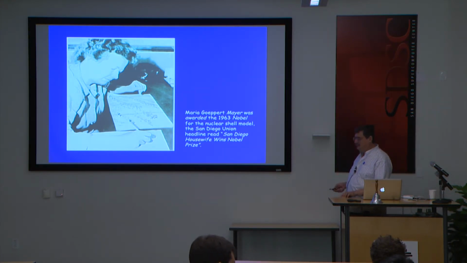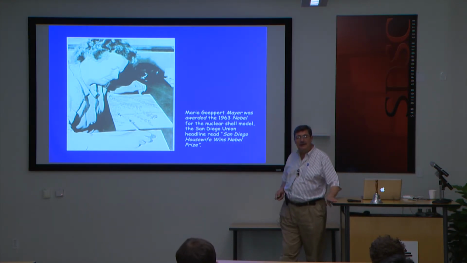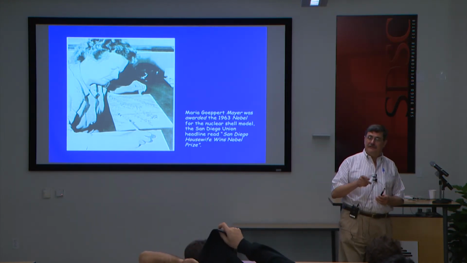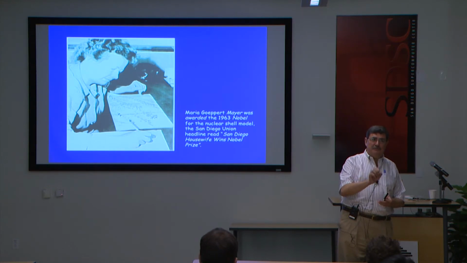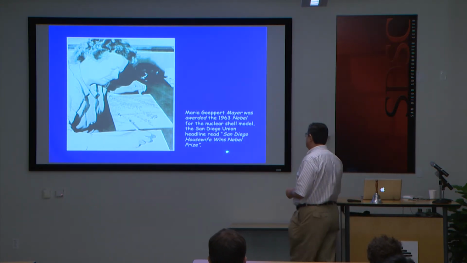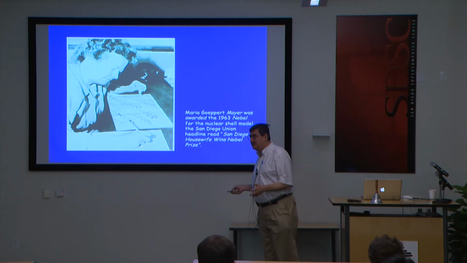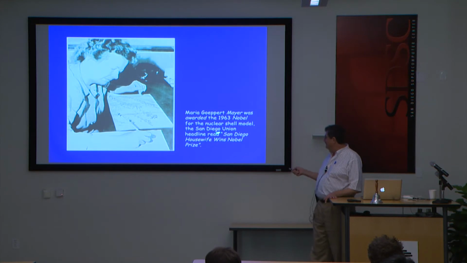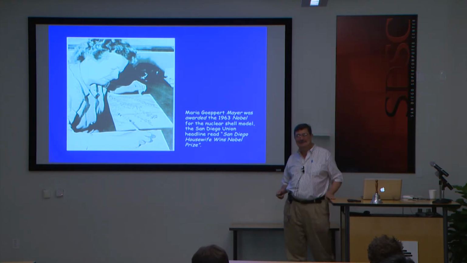She was awarded the 1963 Nobel Prize for her work on the shell model, precisely figuring out that you need spin-orbit coupling in the shell model. This work was in the 40s and 50s. In 1963 she got the Nobel Prize, and the San Diego Union had a headline saying San Diego housewife wins Nobel Prize.